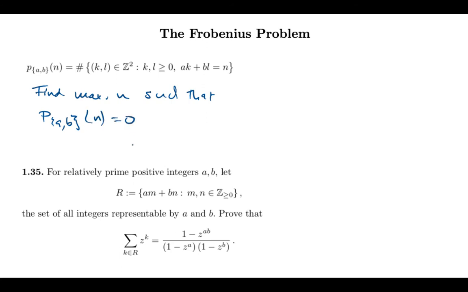So that means we cannot write n as a linear combination of a and b, but afterwards, so maybe let's write this as n plus j, the restricted partition function is positive. So this is for any j positive. So it's the last integer 0 of this restricted partition function.